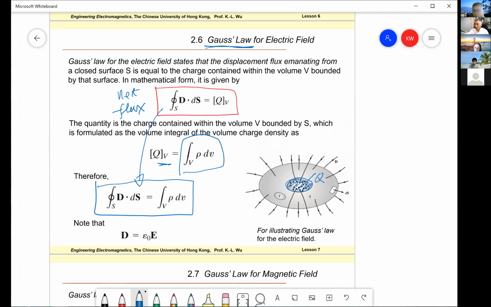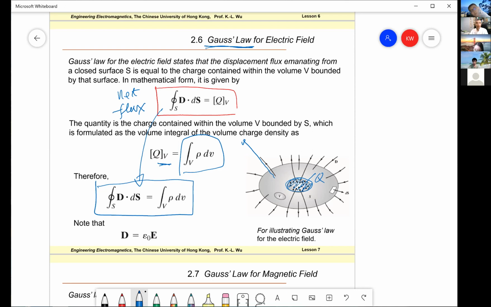Electrical field from the charge going out, never comes back. You won't see the field going back, no way. You never can say this. So this is the identity of electrical field and the magnetic field, right?